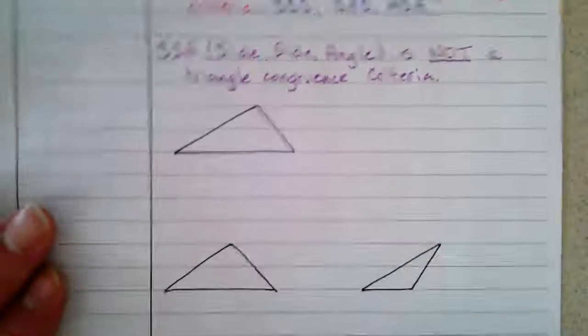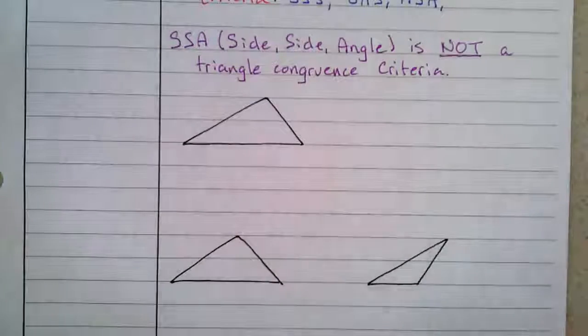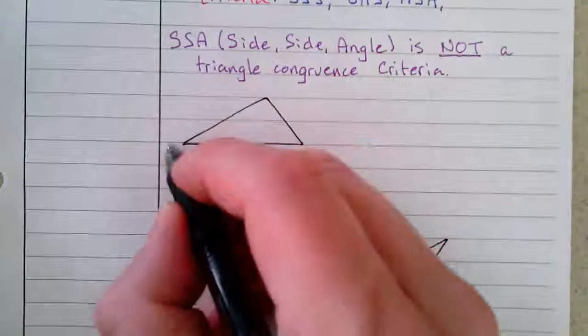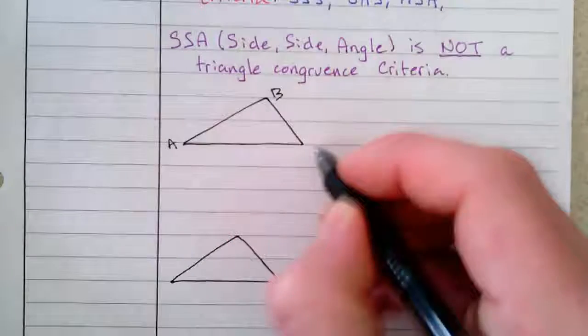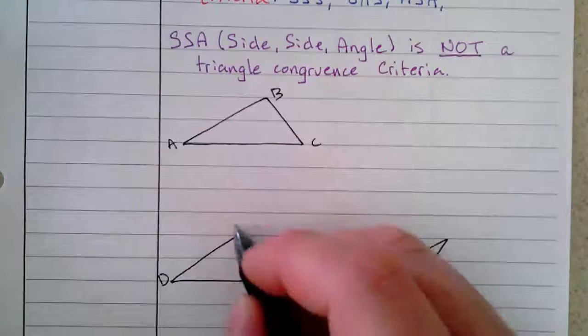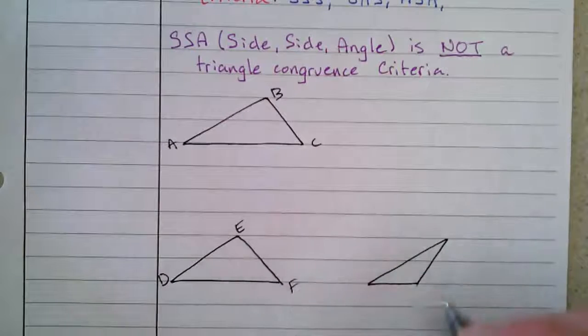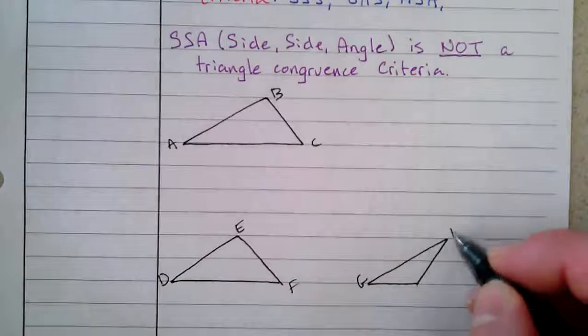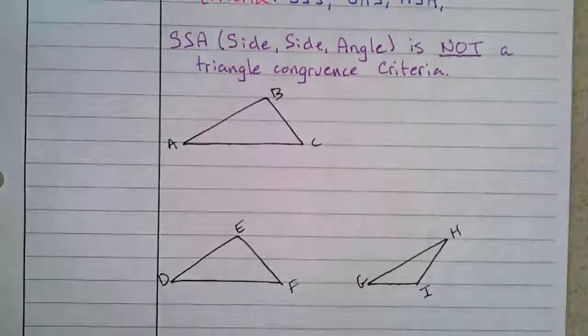I'll call this triangle ABC. And we'll call this one DEF, and GHI.